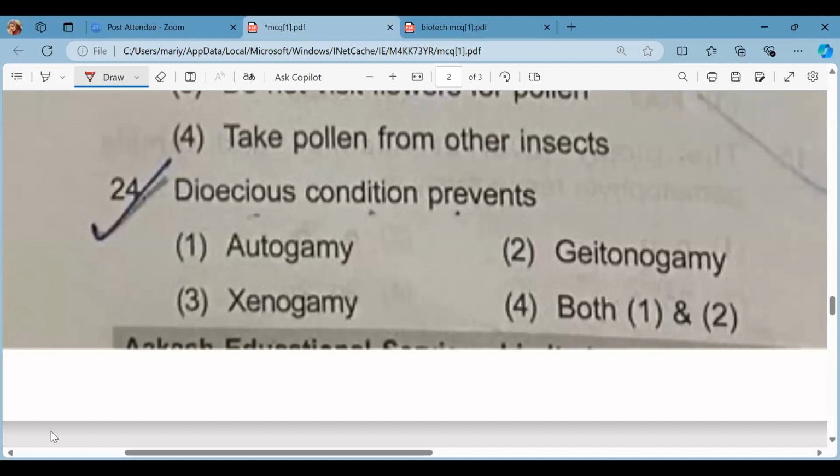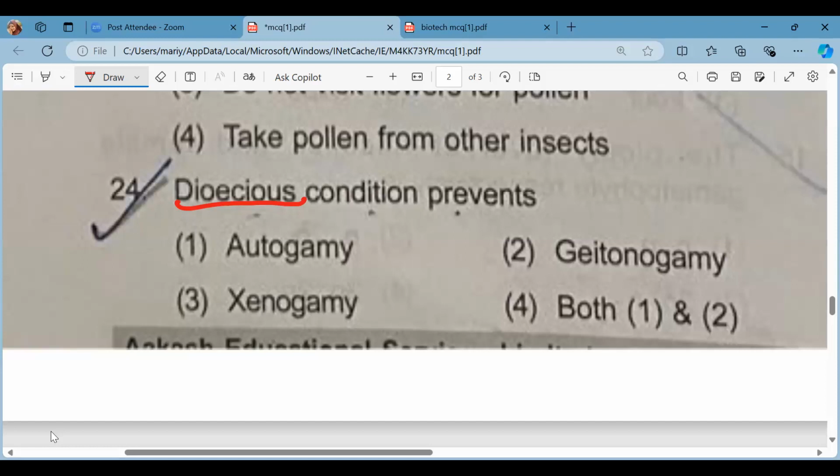Dioecious condition prevents. What is the dioecious condition? Do you remember? No, ma'am. See, dioecious condition is when the male flower is present on a different plant and the female flower is present on a different plant.